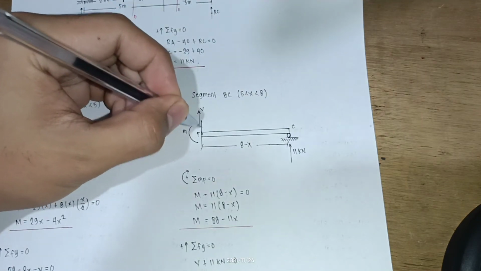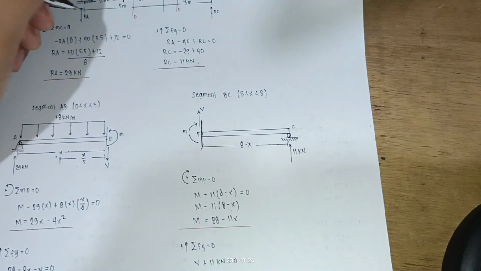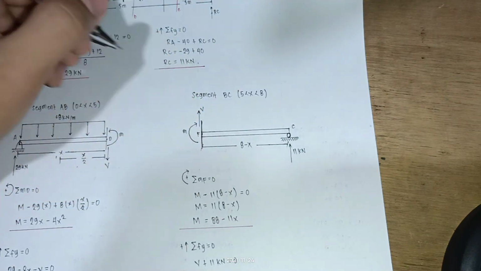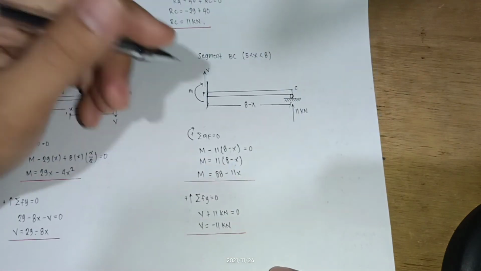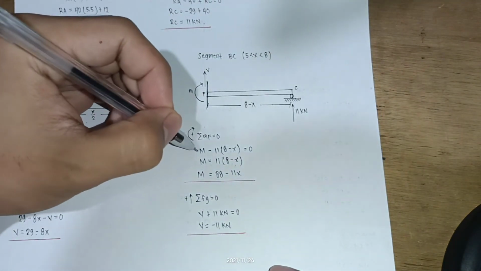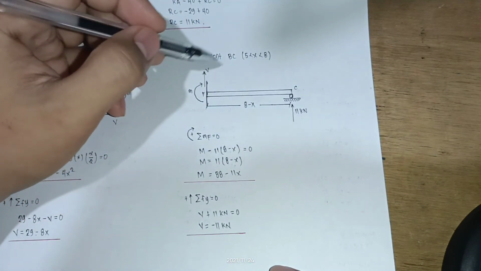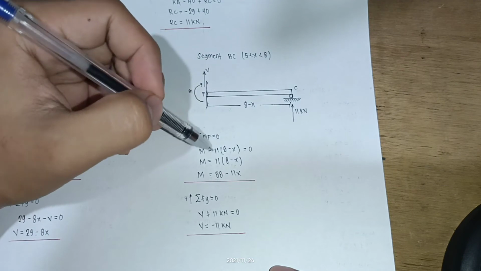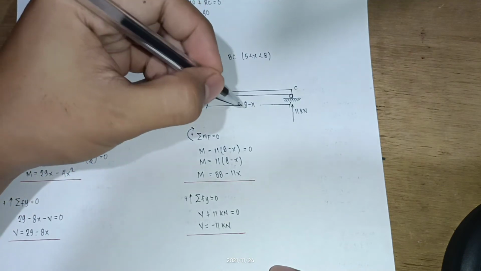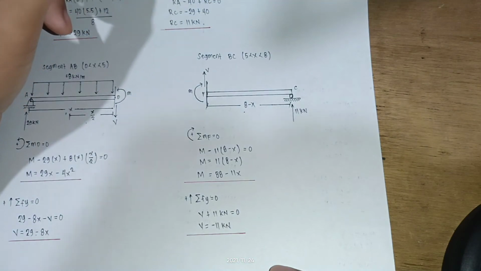If the segment is cut on the left side, this point F. So summation of moment at F is equal to 0, taking clockwise positive, where M is positive, minus, that is counterclockwise, 11 times the distance, 11 times 8 minus x, equals 0.